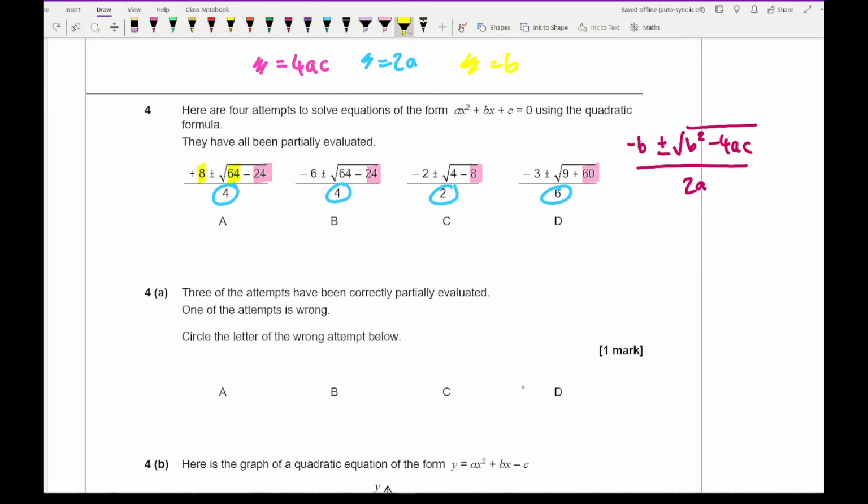So what we need to do is double check to make sure that is correct. Looking at face value straight away, I can see that b is going to be wrong. The reason for that is because if this is b, then b squared should be 36, not 64. So the one that is definitely wrong is b.